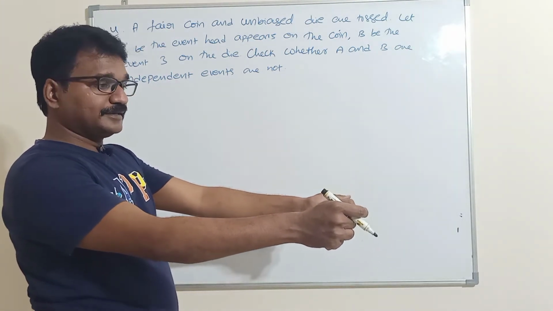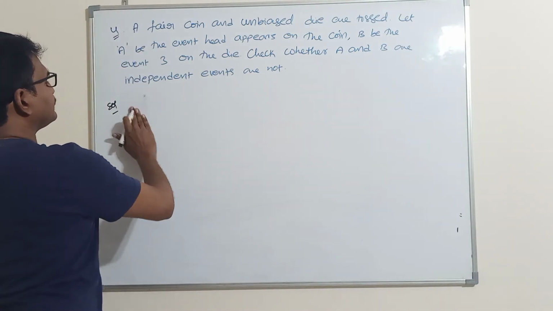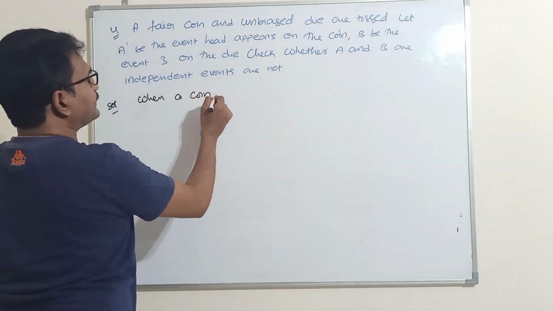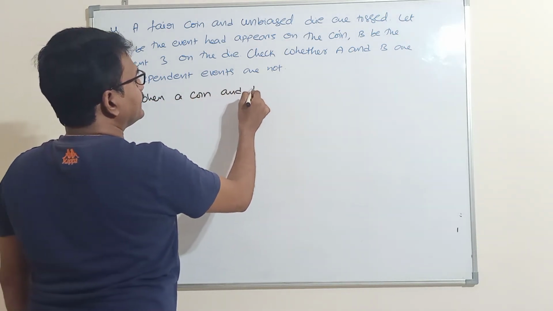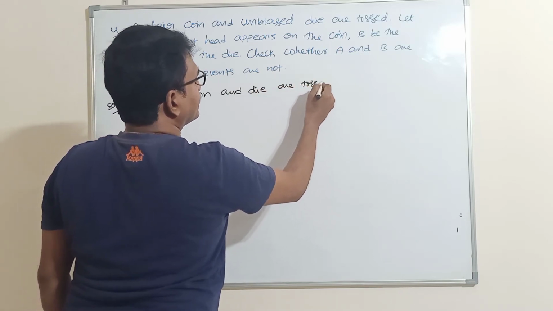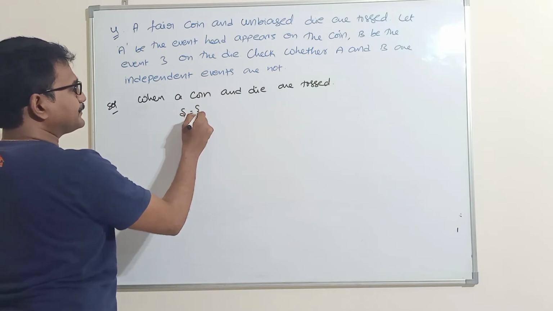Imagine a fair coin and an unbiased die. So coin, die are there. So then what are the sample points when a coin and die are tossed? What is the sample space?